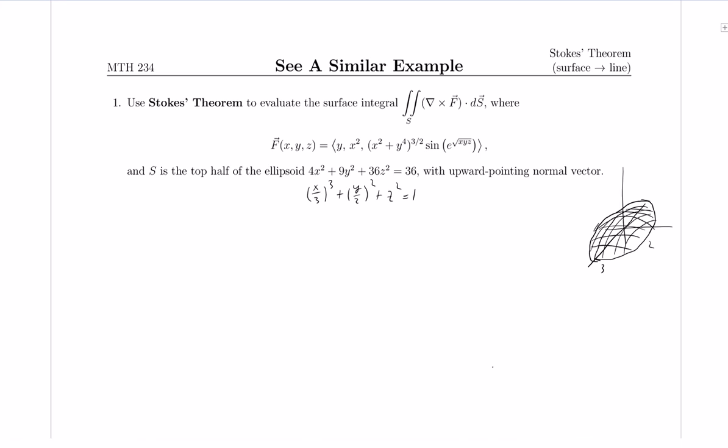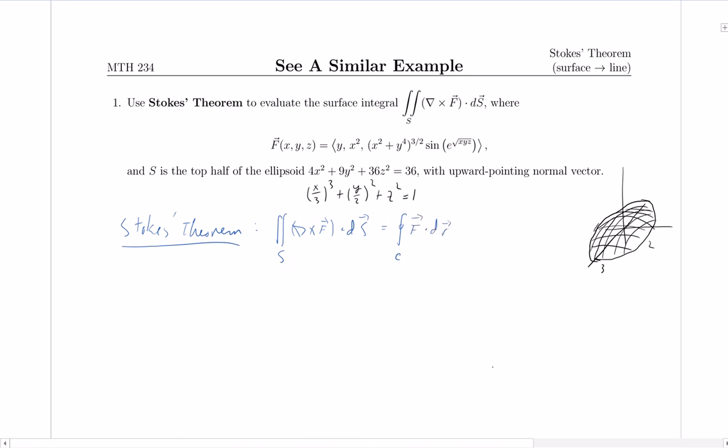And let's remind ourselves briefly what Stokes' theorem says. It says that the surface integral of the curl of a vector field is equal to a line integral of just the vector field itself.